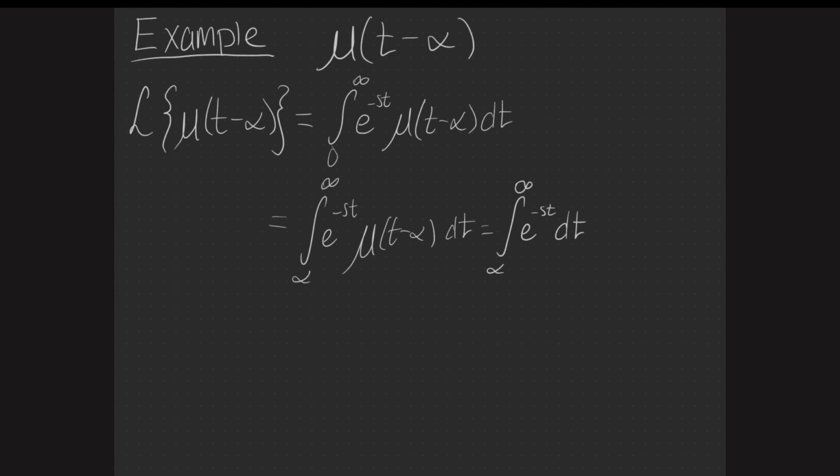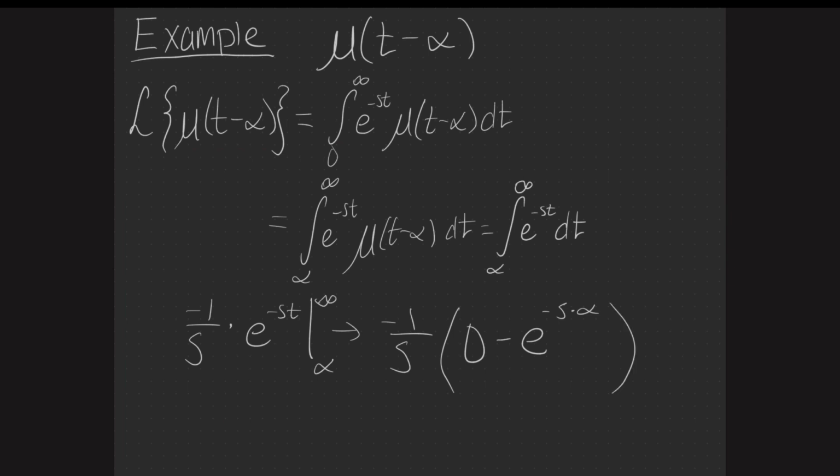Now we just have to integrate, so we have negative 1 over s, and then we have e to the negative st. Our lower bound is going to be alpha, and our upper bound is going to be infinity. That brings us to negative 1 over s times, well, at infinity, we're heading towards 0, so that's going to be 0, minus e to the negative s times alpha.